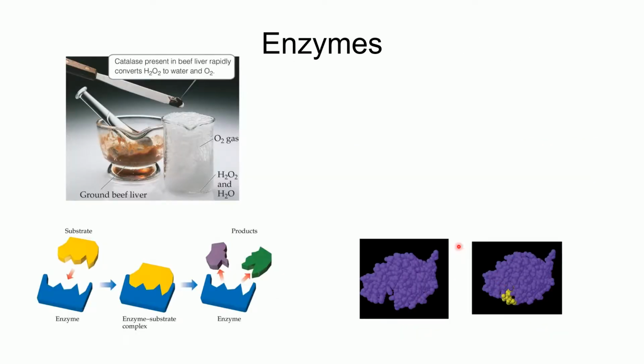All right, finally, we're getting to the topic of enzymes, and enzymes are biological catalysts. Enzymes, in case you don't know, are just very big proteins that have a very specific job to do. So they are proteins, they're very, very large, and like I said, they are biological catalysts.